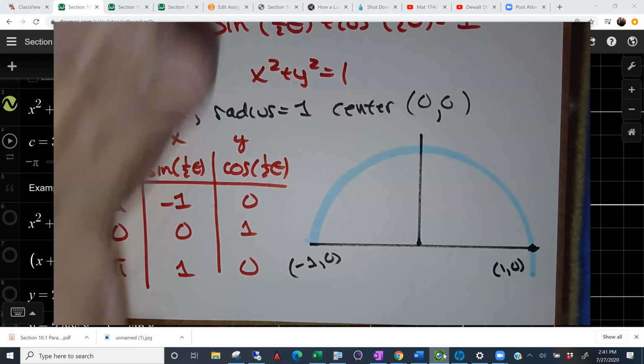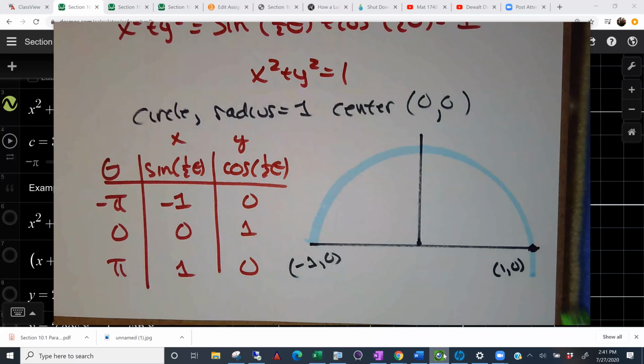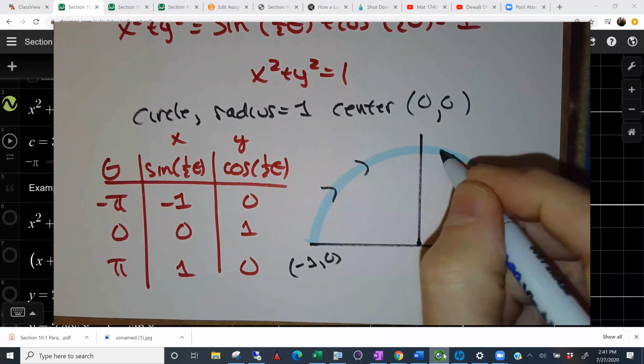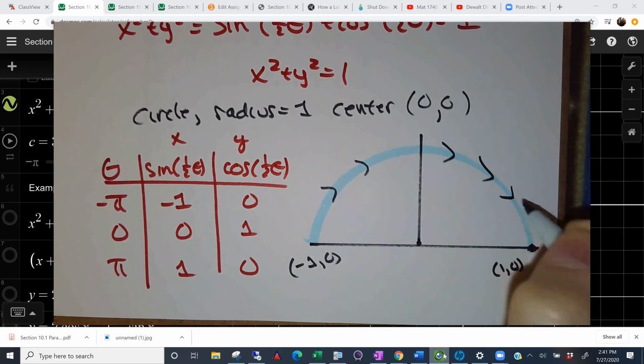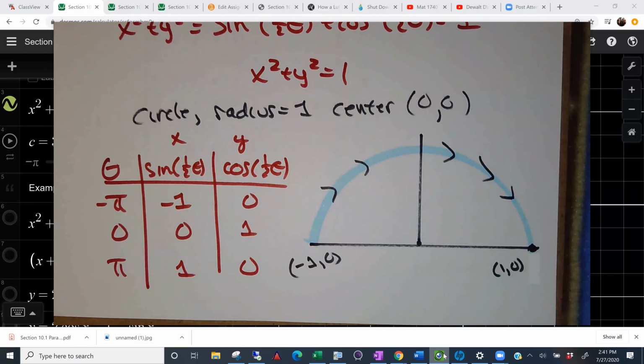I overshot it a little bit. So let's just clean that up. Beautiful. And it got traced out in this direction.